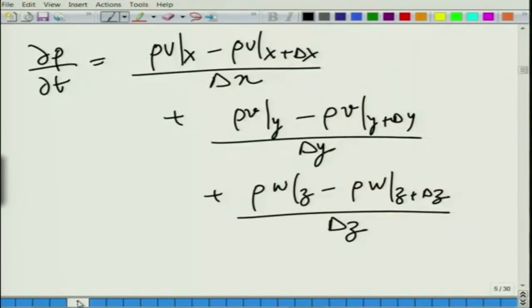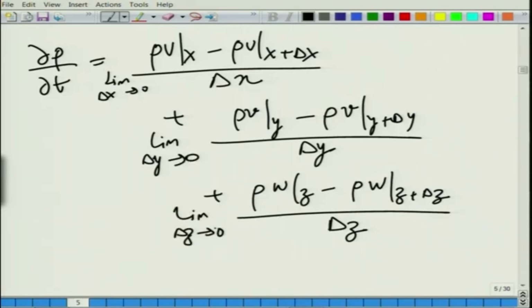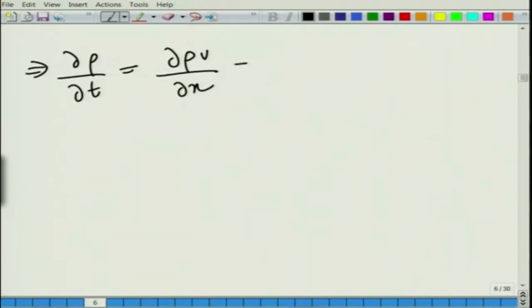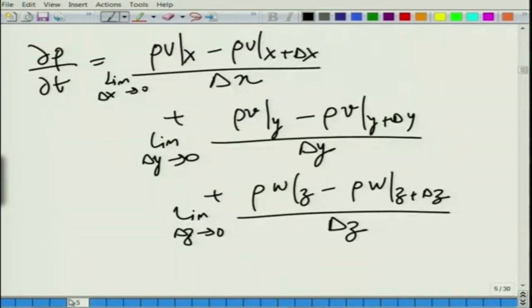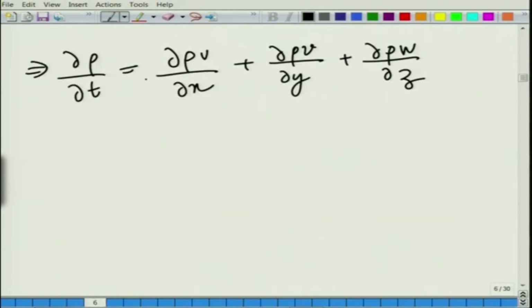So, clearly if we take the limit that delta x tends to 0, delta y tends to 0 and delta z tends to 0, we will get, or actually there should be, I made a small mistake here. This would be nothing but minus of each term, because of the definition of the derivative.